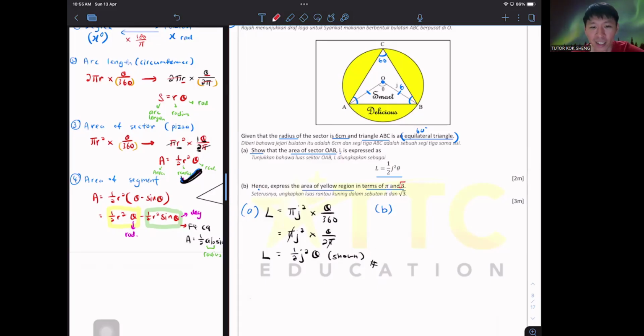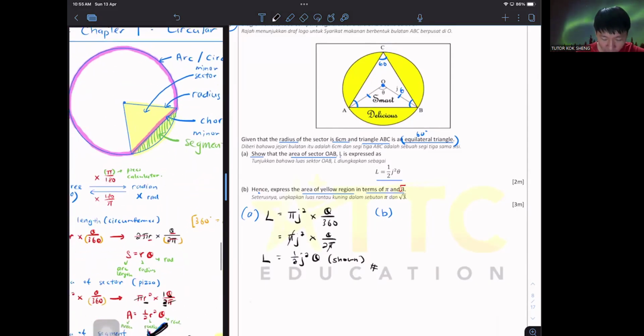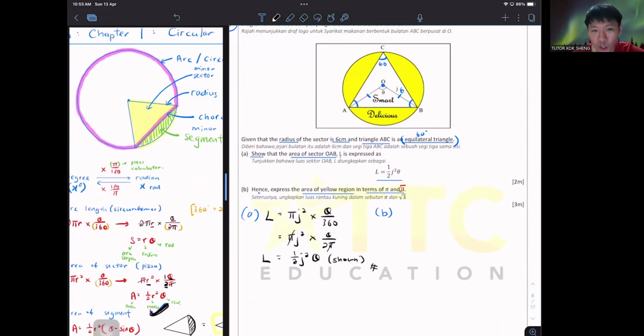But for your side there is no yellow. Okay, so let's go. 3 marks, yellow region. Don't think too much, very easy one. You can see actually this yellow region is part of the circle.